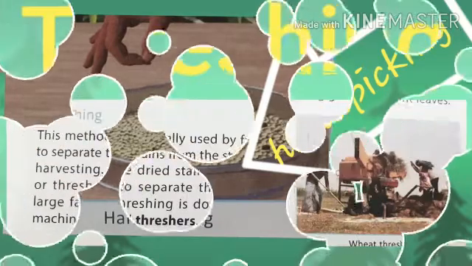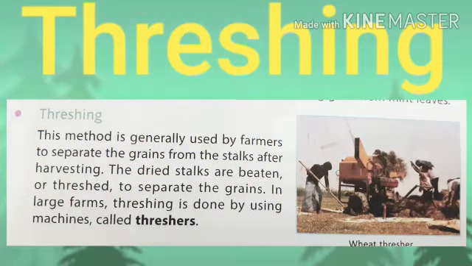Now, today we are going to discuss threshing. What is threshing? This method is generally used by farmers to separate the grains from the stalk after harvesting. The dried stalks are beaten or threshed to separate the grains. In large farms, threshing is done by using machines called threshers.